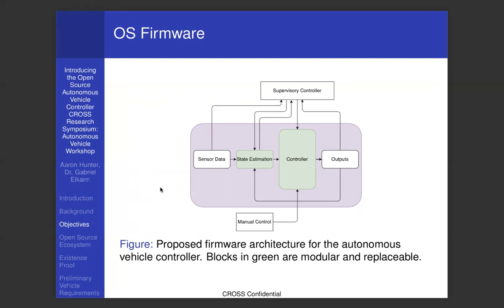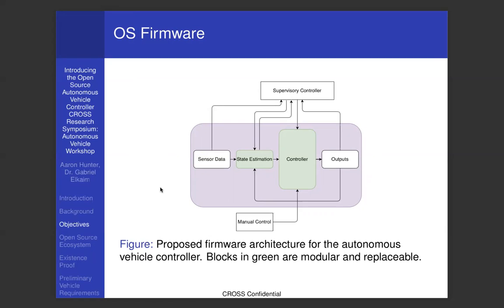From that optimal state, then the controller will make some decision based on some guidance from a supervisory control on where it wants to go or what it wants to do in the world. And that controller will then provide the necessary commands to the outputs of the vehicle itself. These are typically going to be motor commands or servo commands, but they could also be digital outputs of various forms as well.